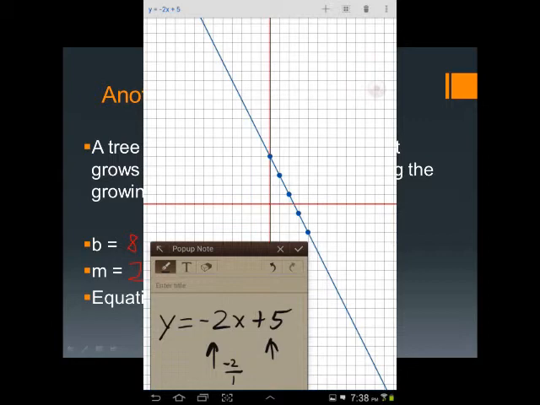And then the b part on the end is the y-intercept, which is usually referred to as the initial value. When x is 0, what does the y equal? Well, whatever b is. So with those two pieces of information, if you're given that, you can write an equation in y equals mx plus b like we did in both the tree and the plumber examples.